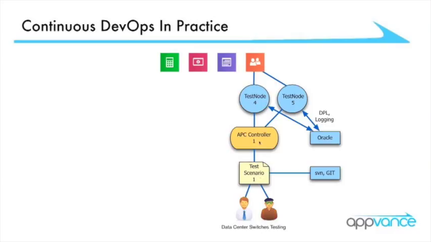The controller's job then is to stage the resources that are needed to actually execute the test in something I call a test node. For LoadRunner users, this would be a test injector. And then the injector is going to make the requests of the app or drive the app itself directly.